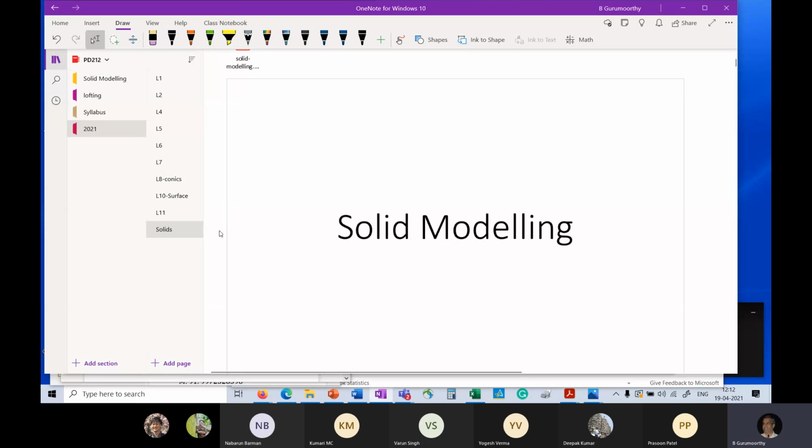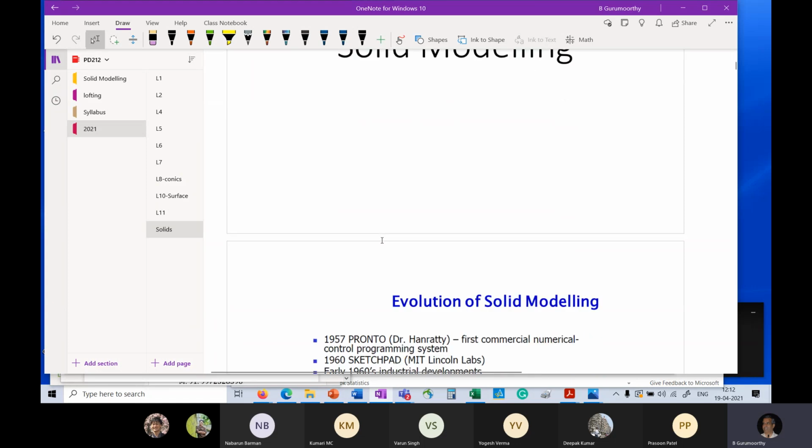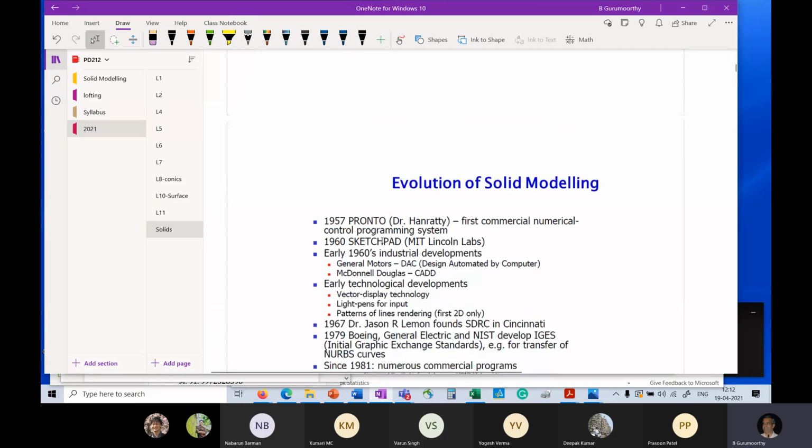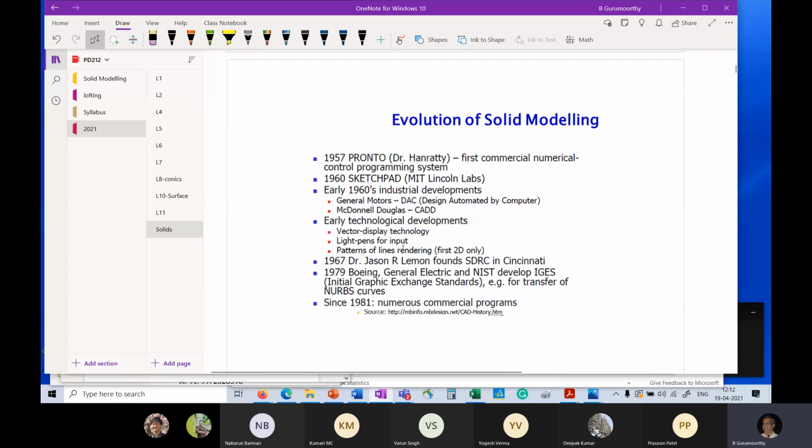Now, before we go into this, let me just recap the evolution of how this field took off. You may recall when we were looking at the evolution of the surface modeling side, we had touched upon the parallel developments in solid modeling.